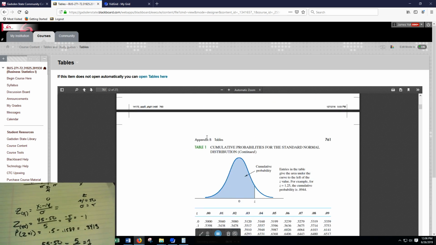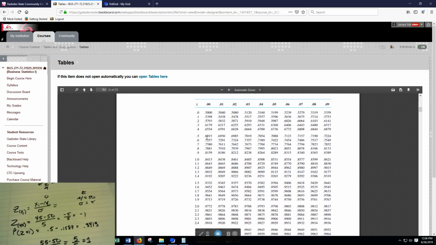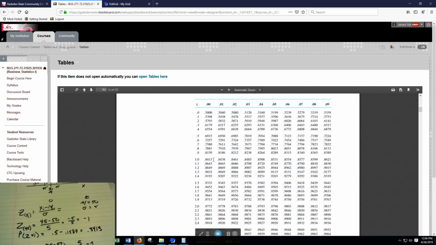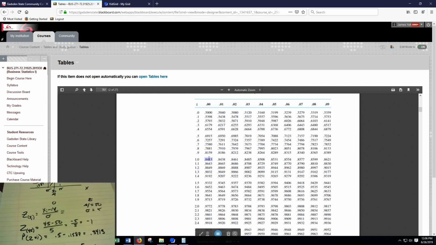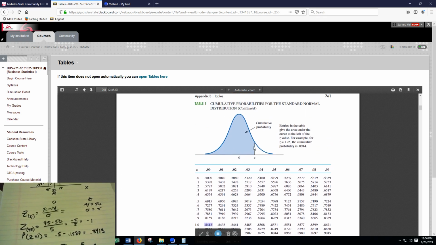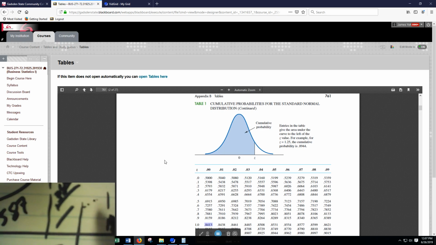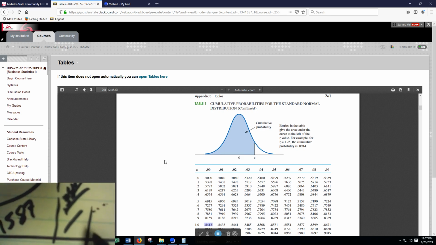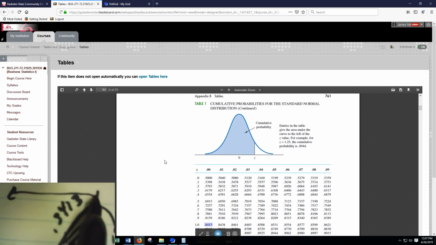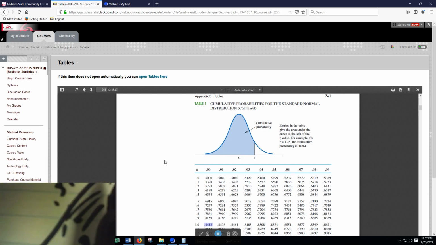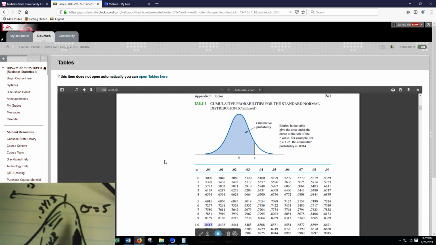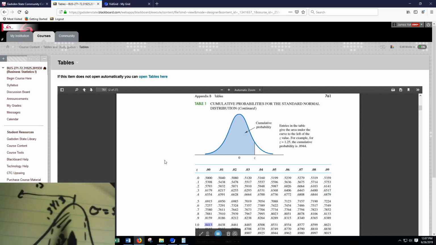We scroll over here and find the cumulative probability for positive 1, and that's 0.8413. But that tells us all of the probability to the left of z, and we don't want all of that. We only want the probability between 55 and the mean, 50. So we know, again, half of the probability is to the left of the mean. We want the probability between here and here.